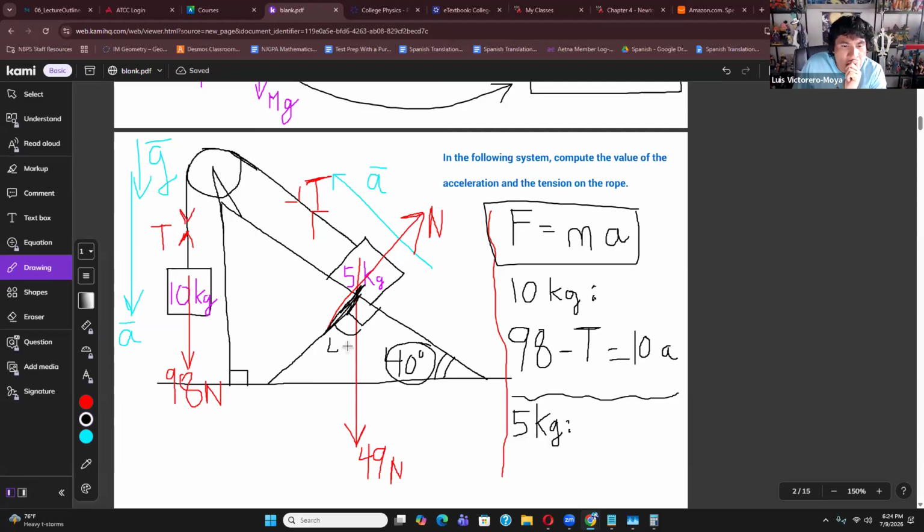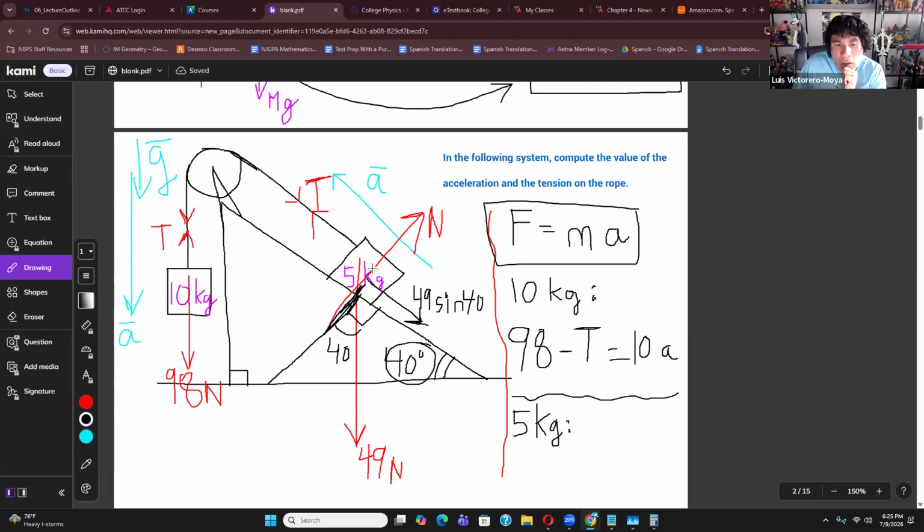So this is the angle, and because we're using this angle, this is the adjacent, this is the opposite. So this will be mg, which is 49, 49 sine of 40. There you are. So you have a force that is dragging the mass downwards.